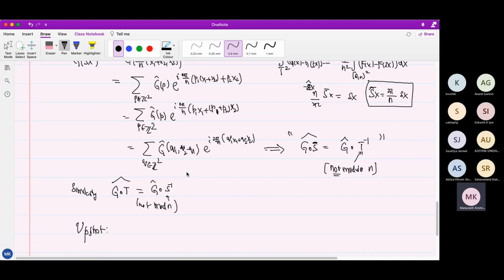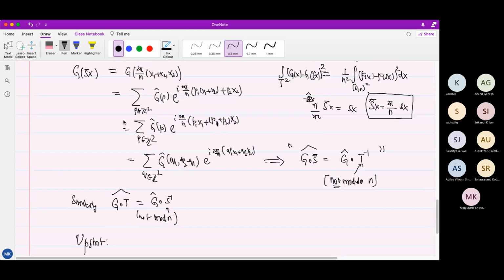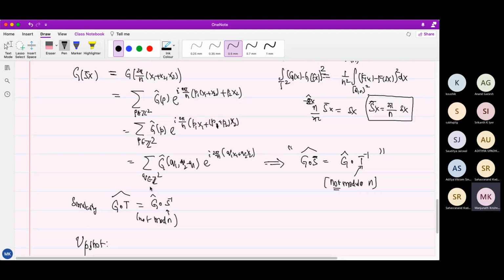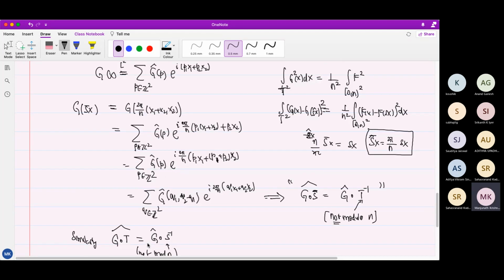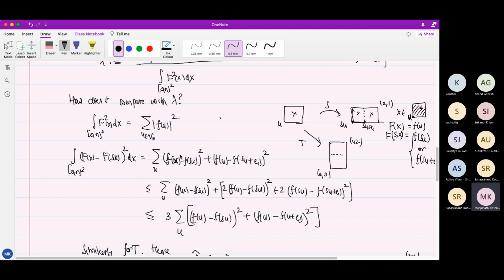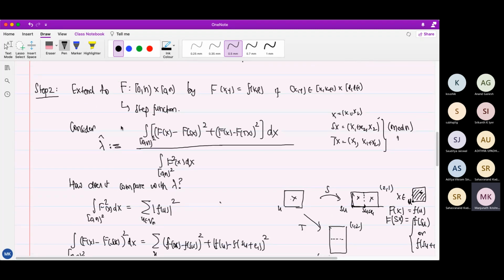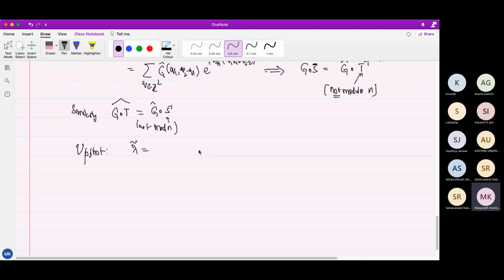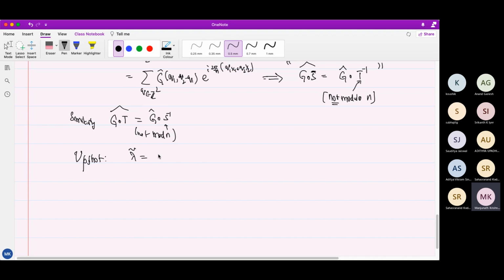So G compose S in the Fourier case will go to G hat compose T inverse, and G compose T will go to G hat compose S inverse. That is the cleverness of the choice. The upshot is that this lambda tilde, which we had, the continuous variational formula, the integral square over integral square, again by use of Plancherel, once you have all this, you can use Plancherel.